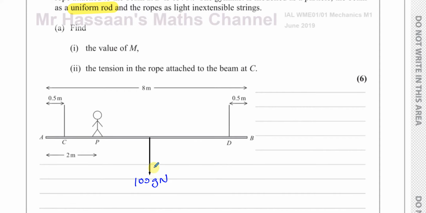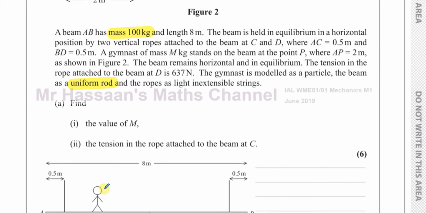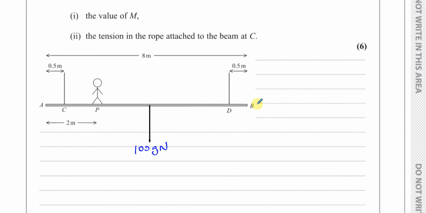So that's one thing. Then there's a gymnast of mass M kilograms standing on the beam at the point P. So the other force acting on the beam is the weight of the gymnast, acting at P, again vertically downwards. We don't know the mass of the gymnast, so it's mg newtons.